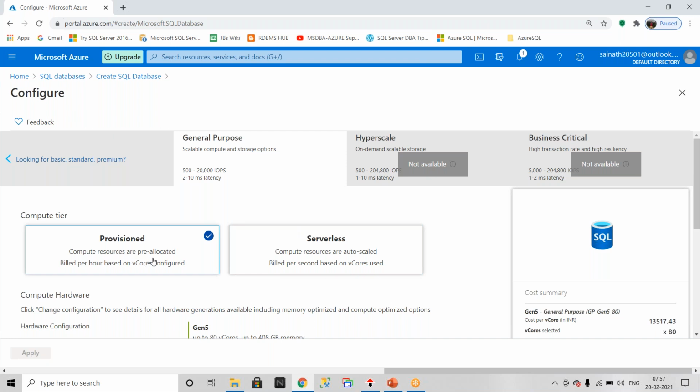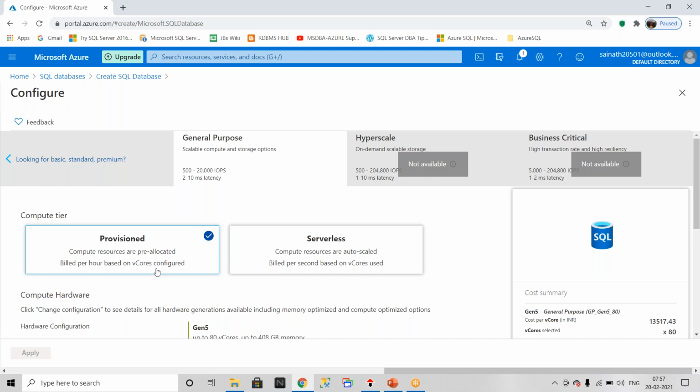Compute resources are pre-allocated, billed per hour based on the vCore configured. Based on the vCore configured means it is predefined, allocated. So all your compute resources like CPU, memory, IO are allocated to your VM, and Microsoft is going to charge on an hourly basis.